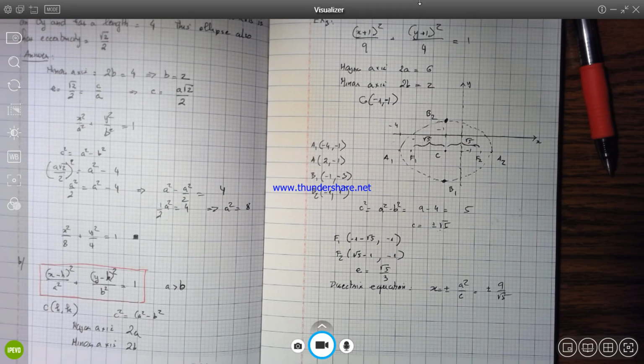Let's see. I can give you an example on writing the equation of an ellipse whose center is not the origin. I can give you the general equation, and I want you to convert it to the equation of an ellipse whose center is not the origin.